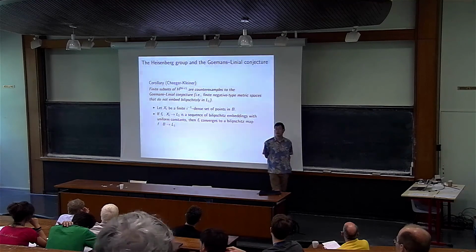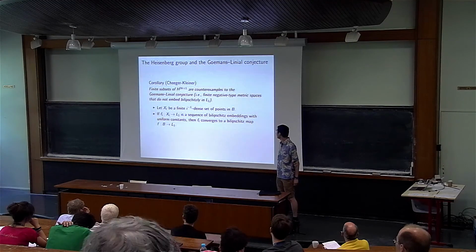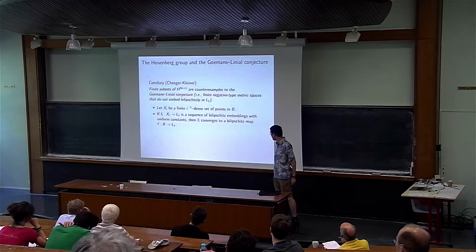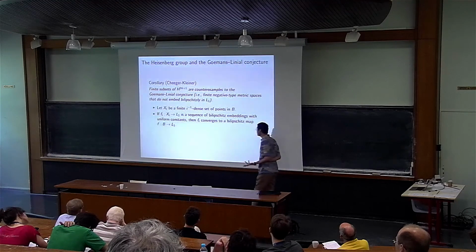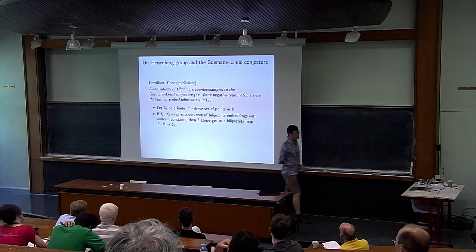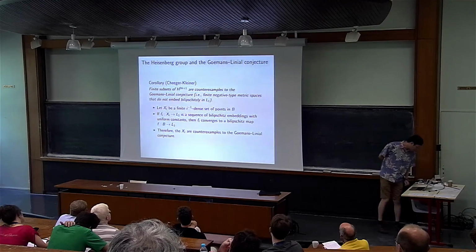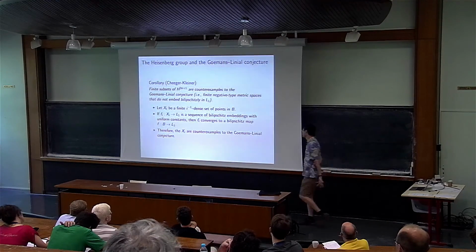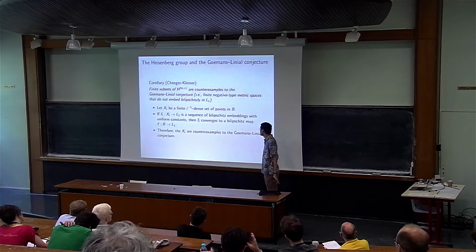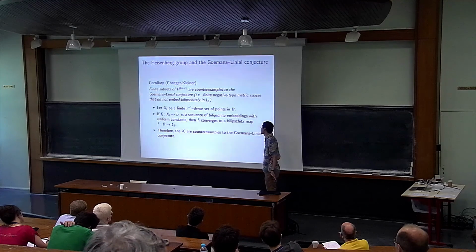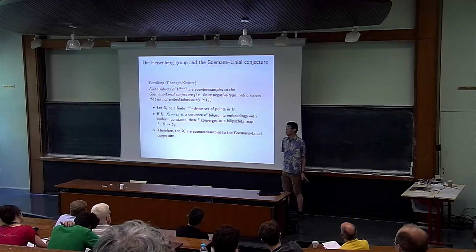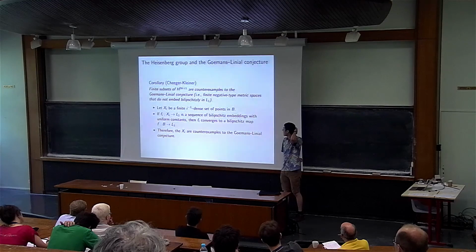And so consequently, these bi-Lipschitz embeddings are going to converge to some limit f from the unit ball into L1. But by Cheeger and Kleiner's theorem, this does not exist, and so there's a contradiction, and so we can't have a sequence of bi-Lipschitz embeddings with uniform constants from these x sub I to L1. So that's the Heisenberg group, and that's how we want to connect it to the Goemans-Linial conjecture.